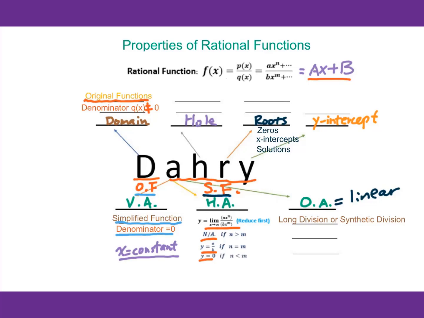If we want the quotient to be a linear function, we have to make x to the n minus m equal to x to the first power. In other words, we have to make n equal m plus 1. In other words, the numerator of the rational function has one more degree than the denominator. Then we have an oblique asymptote line.